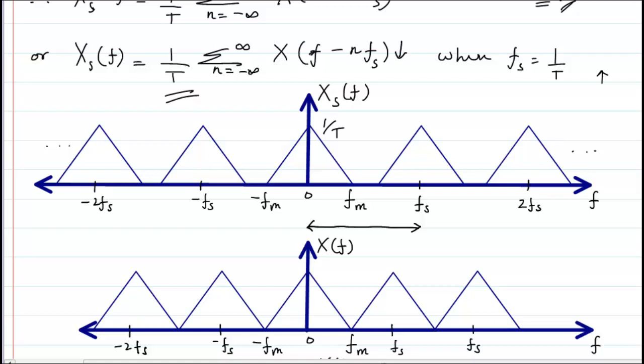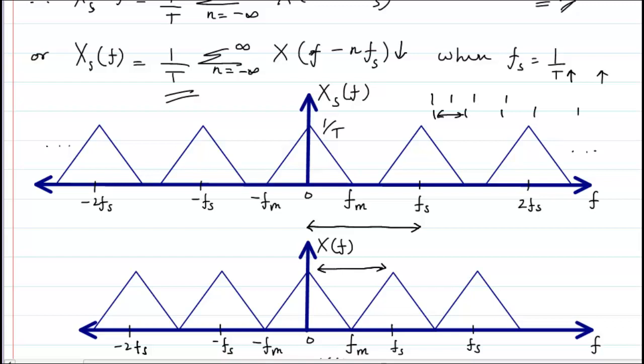So if I reduce the value of fs, this distance between two closely lying spectrum is going to change. And how do I reduce the value of fs? By increasing the value of T. So if I have a reduced rate of sampling, like in the previous case, if I delay the sampling, you can see that the spacing has increased, isn't it?